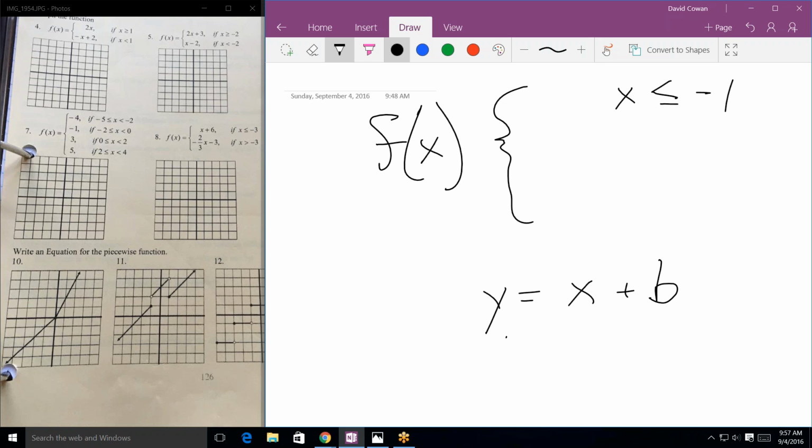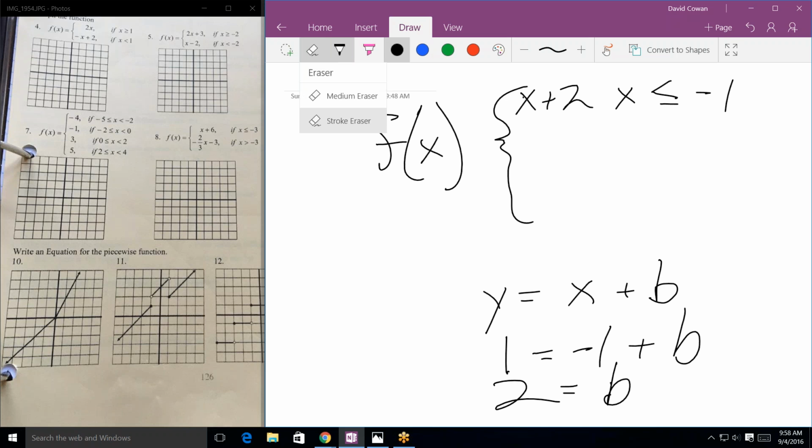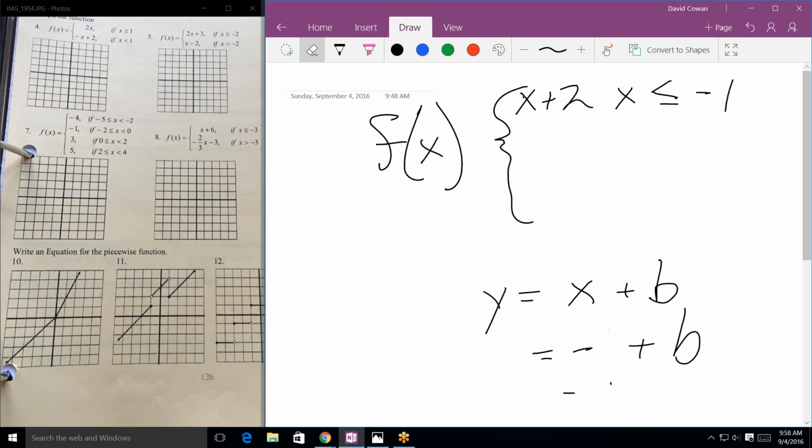So if I plug in the y value of 1 and the x value of -1, I solve for b. B now equals 2, and so now I have my equation. It's got to be x plus 2. And you didn't have to do it by extending that and seeing where it crosses the y-axis. A little trickier, but still not that tricky.